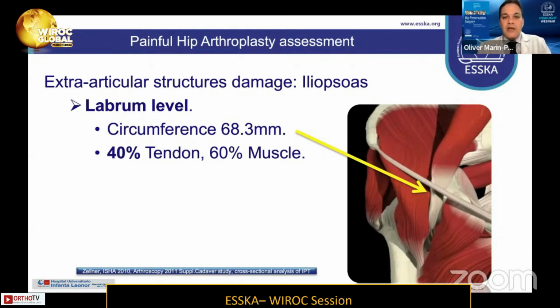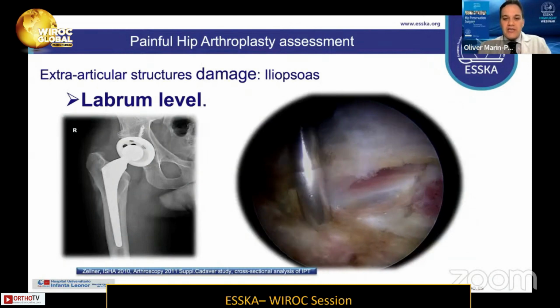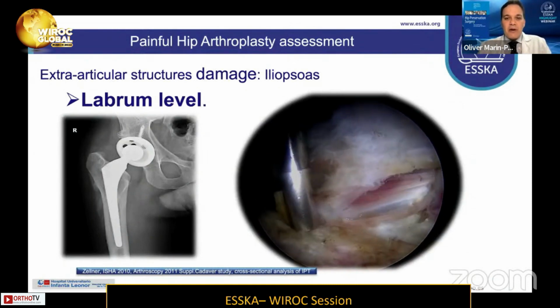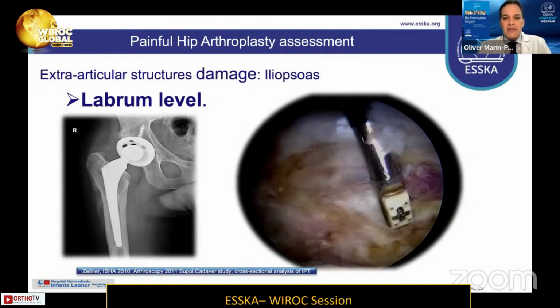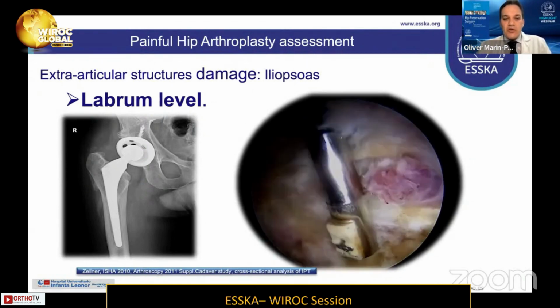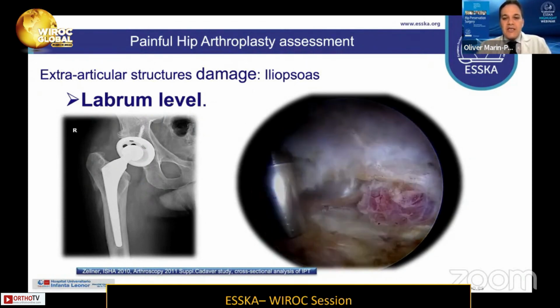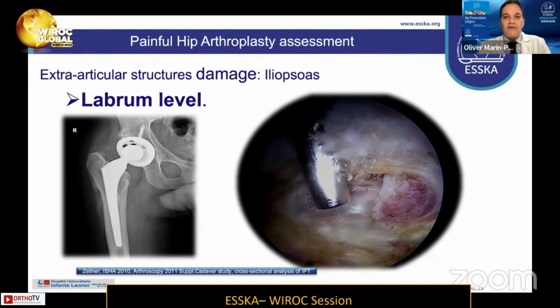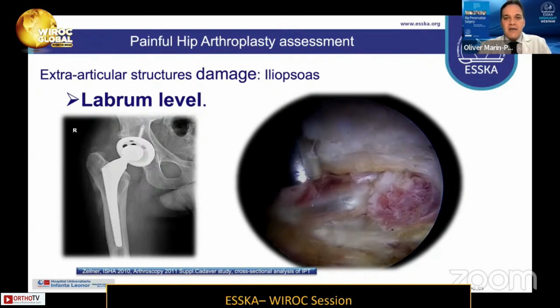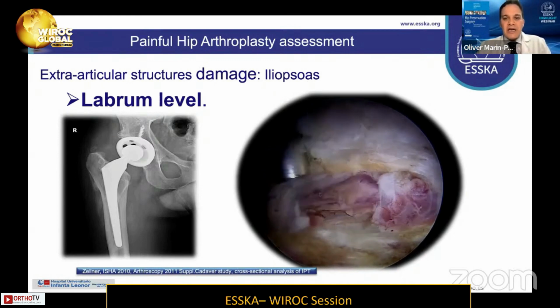So when you go in with the arthroscope, you can see that only a very small part is tendon area. We are in the proximal part of a right hip with a total hip replacement. In the medial part of this area, you open a little bit of the capsule, or the fibrous tissue that you can find there in a total hip replacement that looks like a capsule.